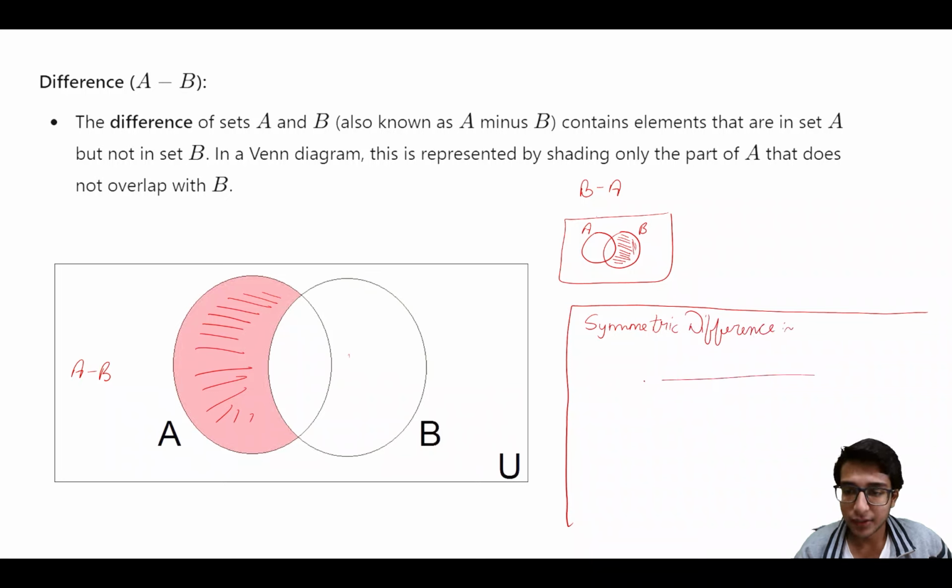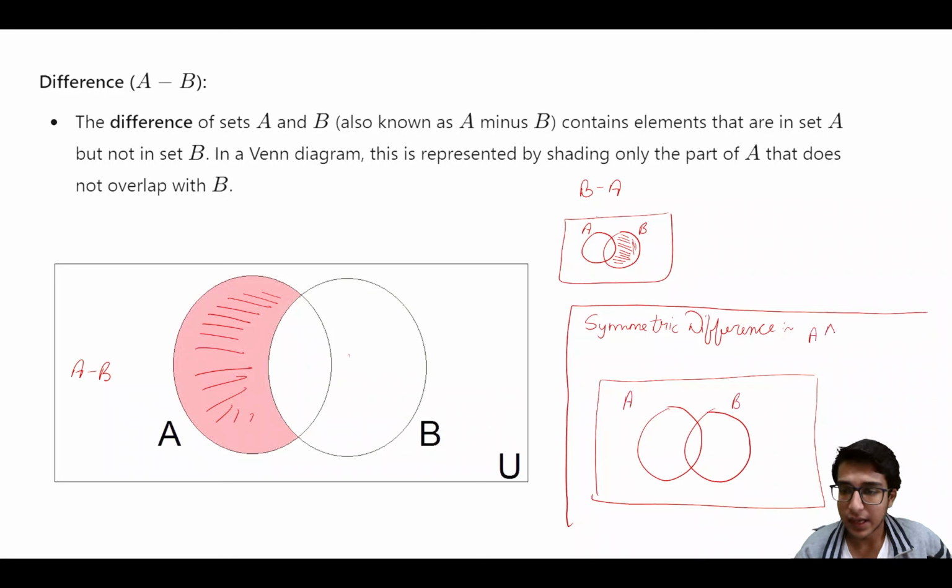Where we have two sets, again A and B. We generally represent symmetric difference by this A triangle B. What does this mean?